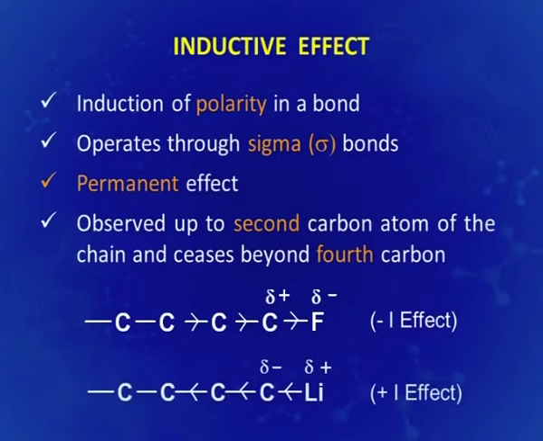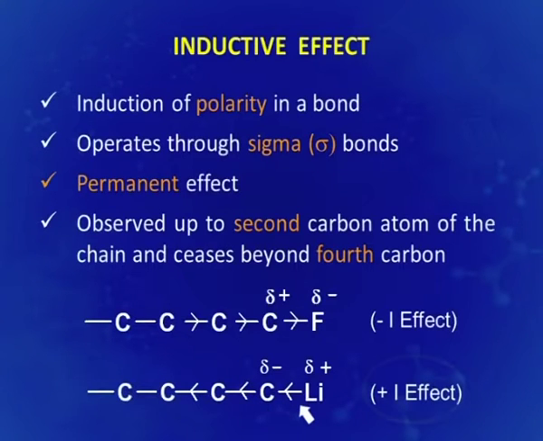Now, we take another case where we have an electropositive atom like lithium attached to the alkyl chain. Here what is happening is lithium, being electropositive in nature, tries to push electrons towards carbon, making the adjacent carbon slightly negative.